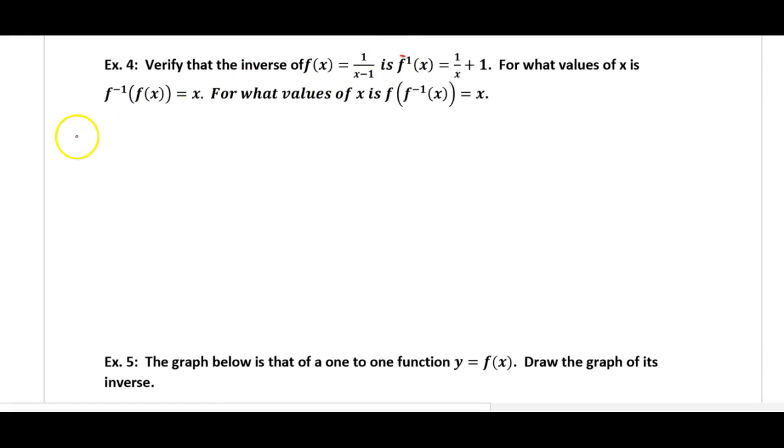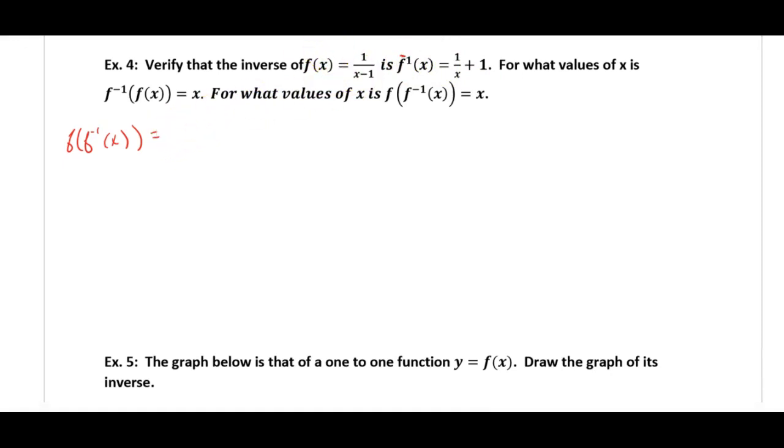So the first thing I'm going to do is f of f inverse of x and verify that. Now the algebra here can get a little bit complicated, so I'm going to try and color code this the best I can. But I'm plugging f inverse of x into f of x.